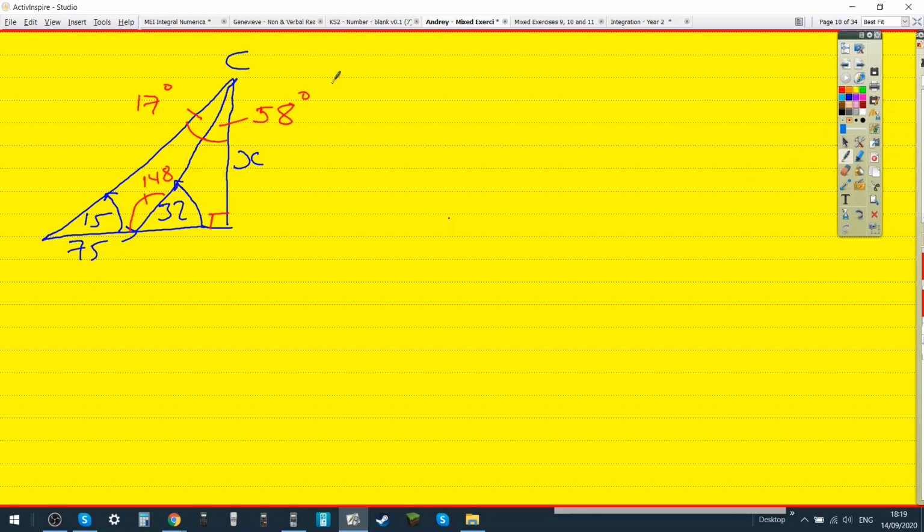And so your sine rule that you said, sine 17 over 75 equals what would it be equal to? Or like for an equation to solve.